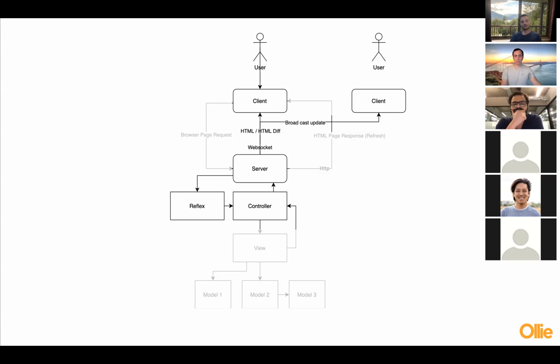Some of the issues that we're dealing with today with Stimulus Reflex are around automated testing. It just takes a second for it to establish a connection, and the tests sometimes interact with the page before it establishes a WebSocket connection. So we need to account for that. What happens when you lose connection to the channel?